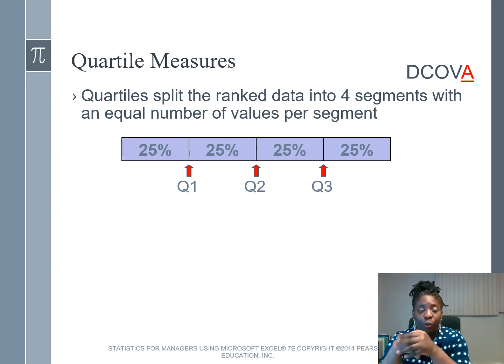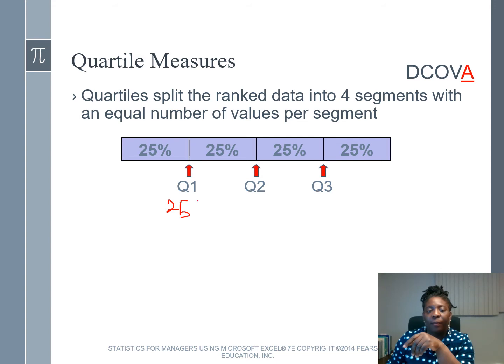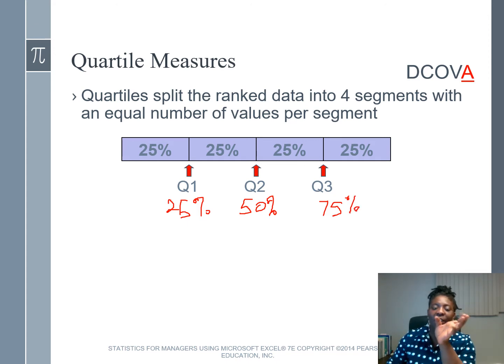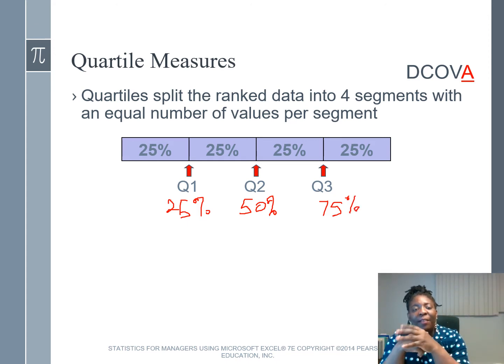And the second quartile is the median. The third quartile is the 75th percentile. So let's go back. First quartile, 25th percentile. Second quartile, 50th percentile. Third quartile, 75th percentile. So just like the interpretation, 75% of the data is below it and 25% above it.